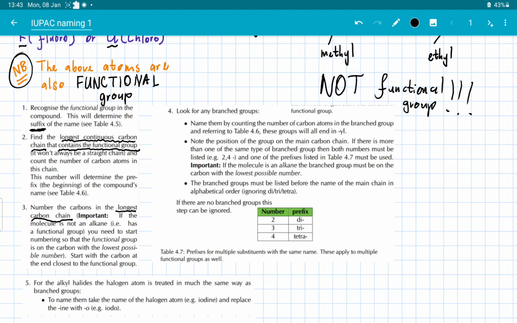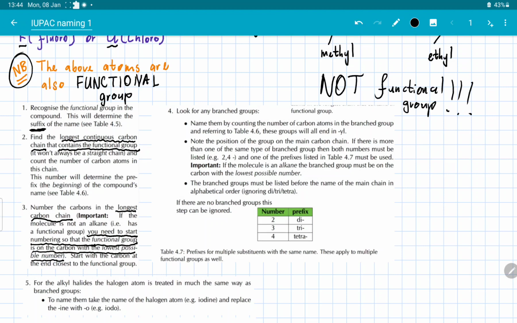The others are special, in that they have a double bond, triple bond or halogen. Anyhow, you need to start numbering so that the functional group is on the carbon with the lowest possible number. That rule is the main component.